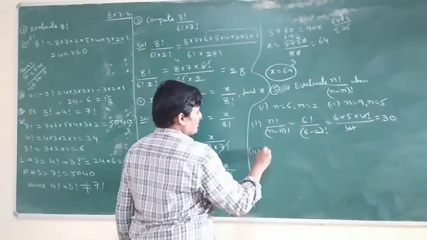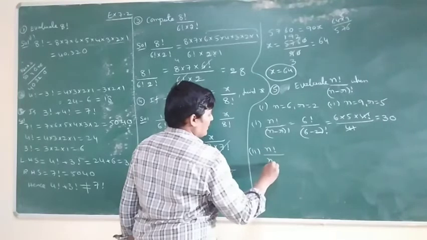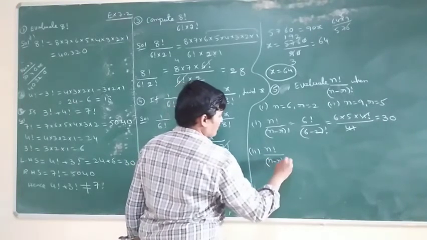Next, second one is n factorial by n minus r factorial.